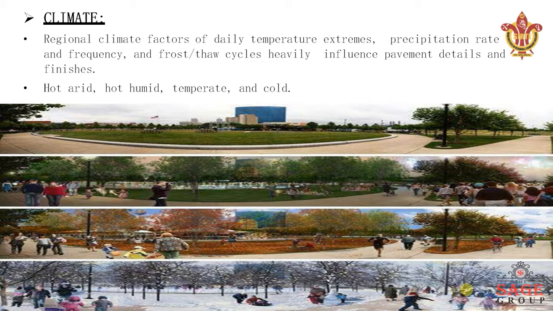The third one is the temperate zone, and the last one is the cold regions. So the design of pavement will be done as per the climate in the regions, and so there are different factors which will affect the design criteria.